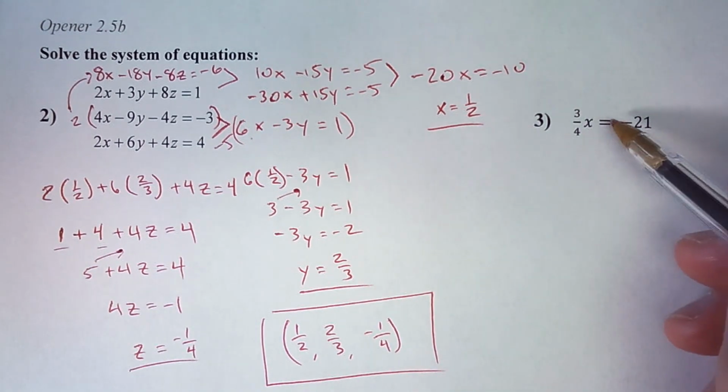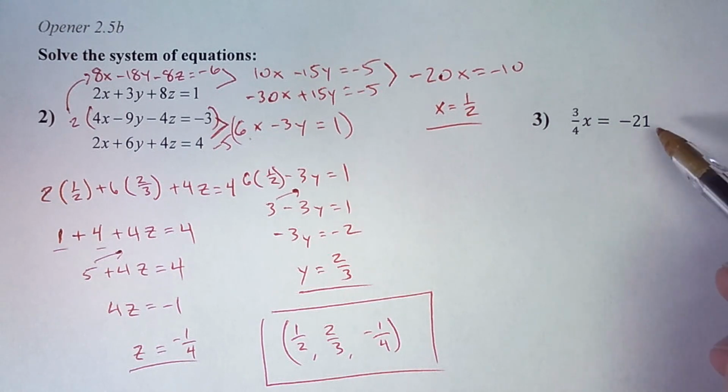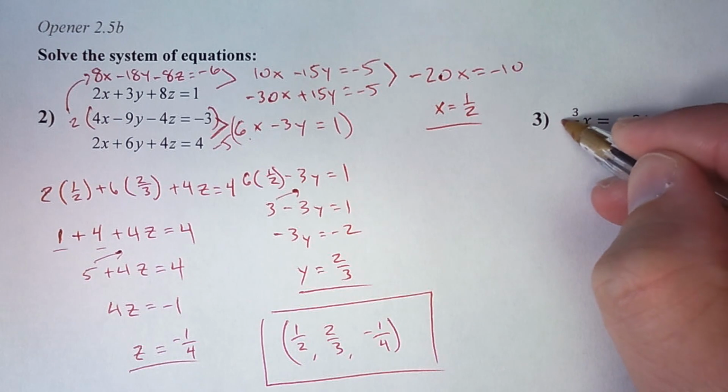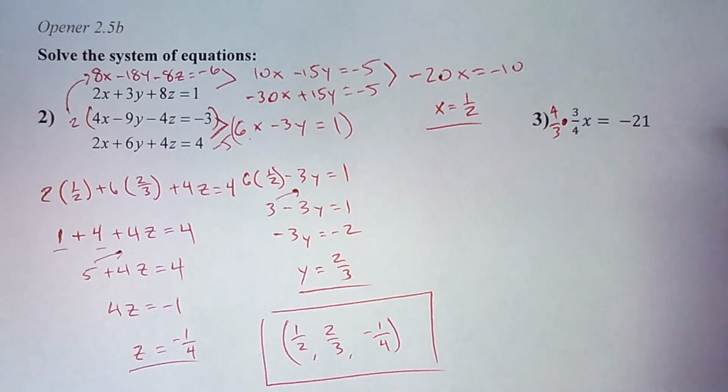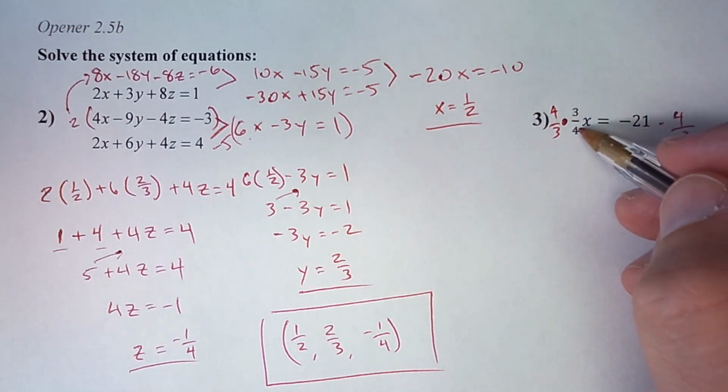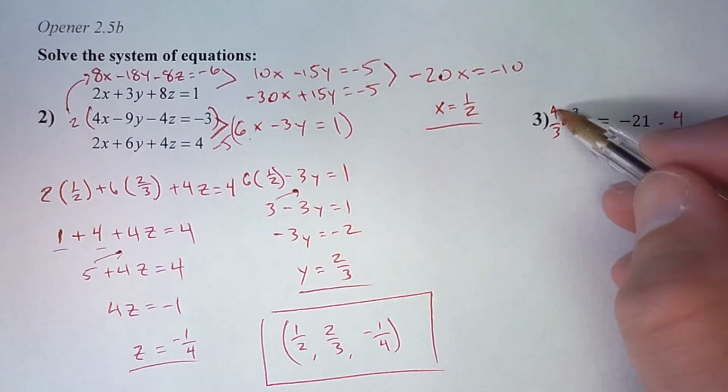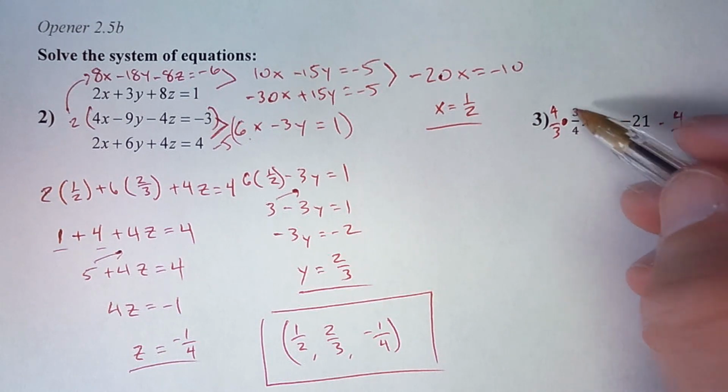Then we're going to solve this equation right here, and the easiest way to do this is to multiply by the reciprocal, which is 4/3. A reciprocal is also called a multiplicative inverse. I'm multiplying both sides by 4/3, because when I multiply inverses by each other, I get 1.